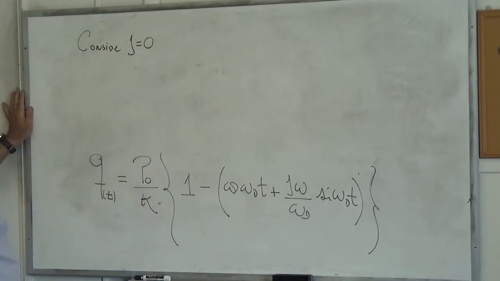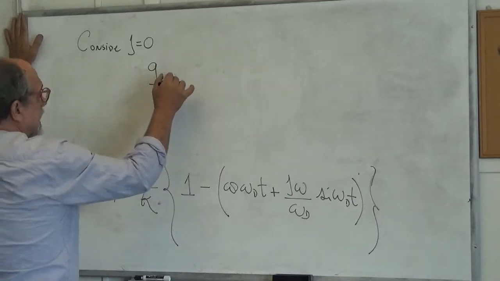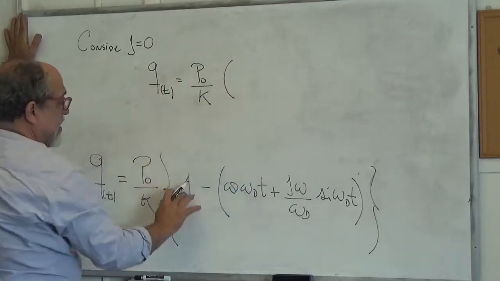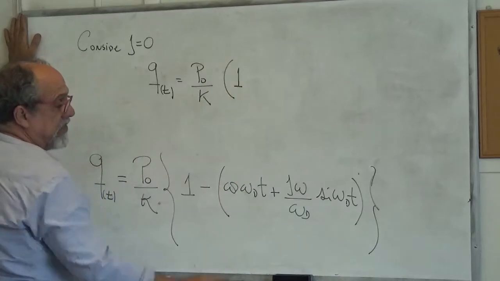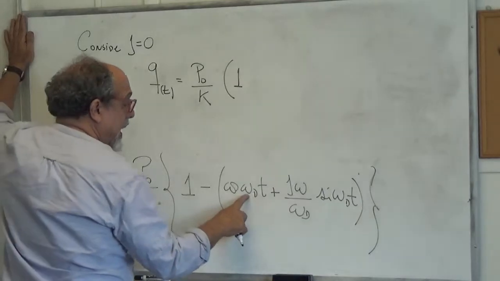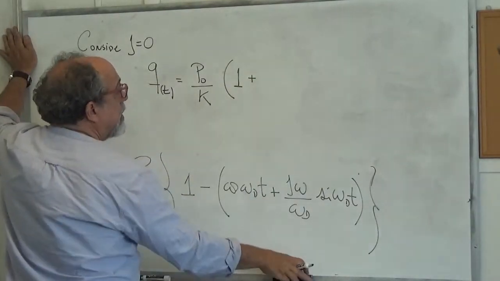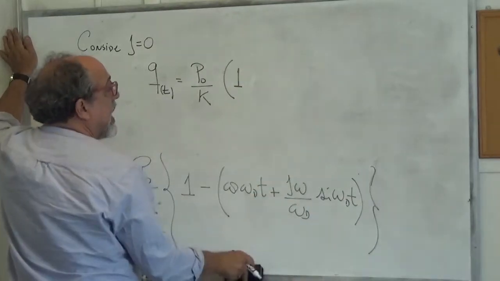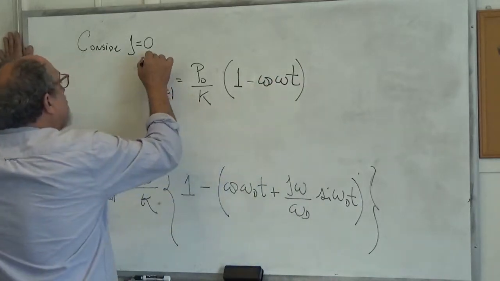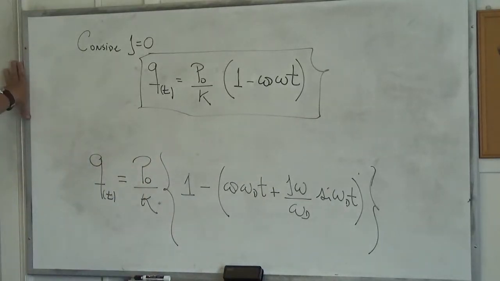If the fraction of critical damping is 0, then we have the particular expression P0 over K, parentheses 1, and then if the damping is 0, this term falls out, and omega damped is the same as omega, so we have minus cosine of omega t.